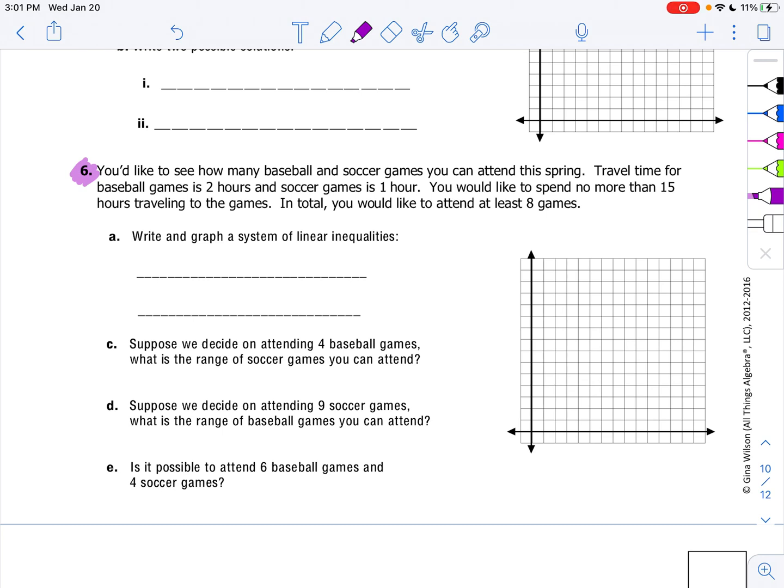But number 6, there's no part B, but there's a C, D, and E. And to be careful with those questions, they're asking you a little bit something different. They want you to think a little bit more in depth about reading that graph that you have graphed. And remember, when you're doing these, to not use Desmos to graph these. We need to be able to graph them and interpret them by hand to be prepared for that EOG and the inactive part of the test.